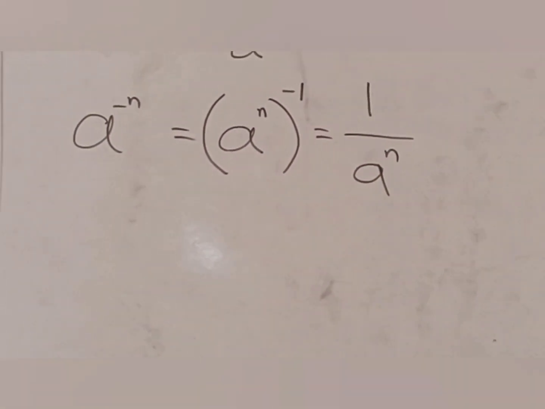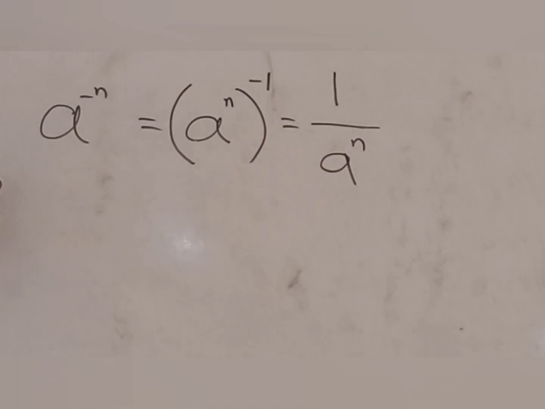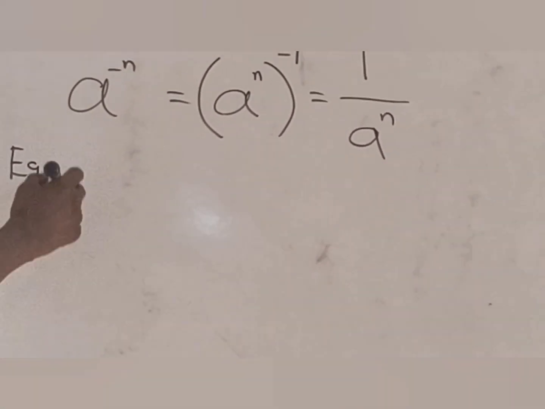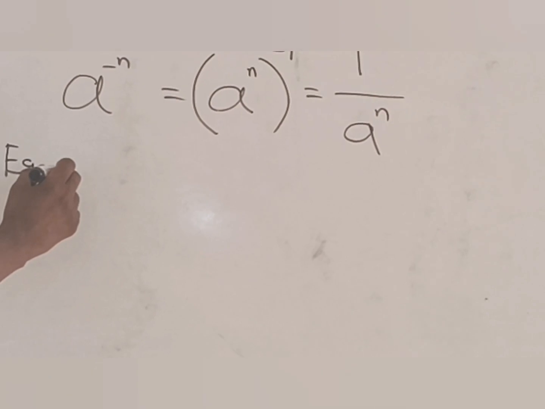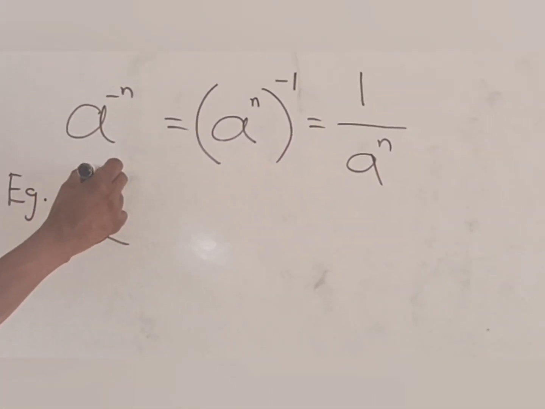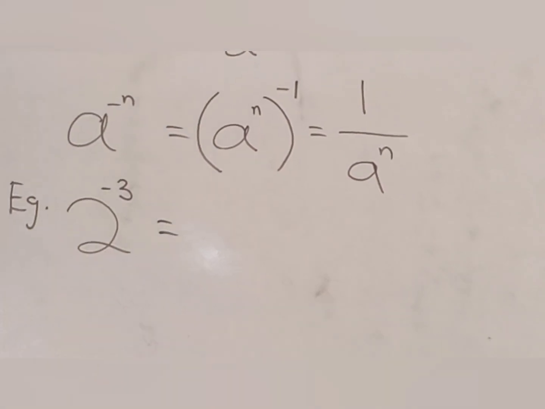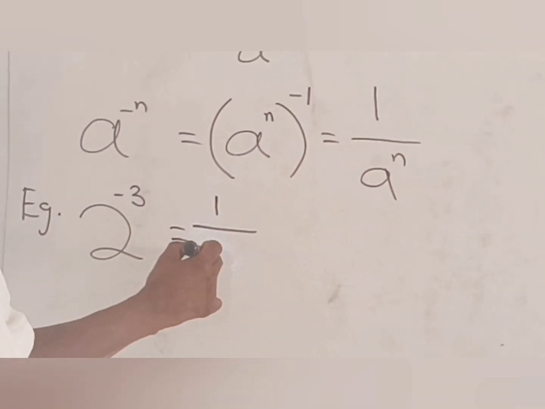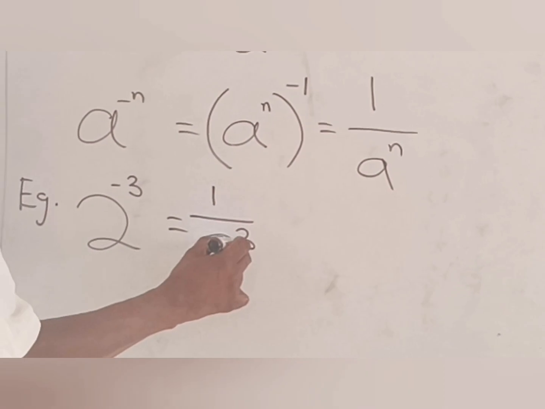Any question? An example. If you write 2 to the power negative 3, it's the same as 1 over 2 to the power 3.